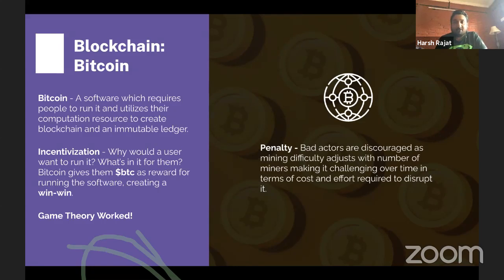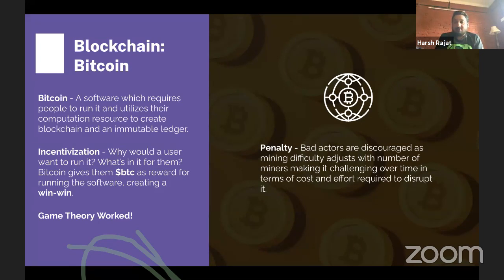And when Bitcoin became big, because the computational difficulty adjusts as more and more computation power is given to the Bitcoin network, right now, to compromise the Bitcoin blockchain, it would probably cost millions and millions of dollars for a single person to obtain that amount of computing power to disrupt the Bitcoin blockchain. So you have the penalizing part over here as well, albeit in a different way.